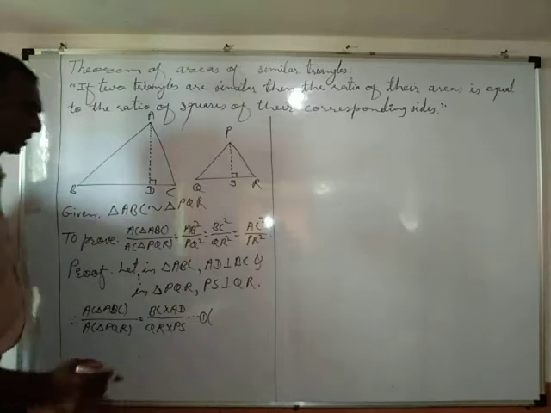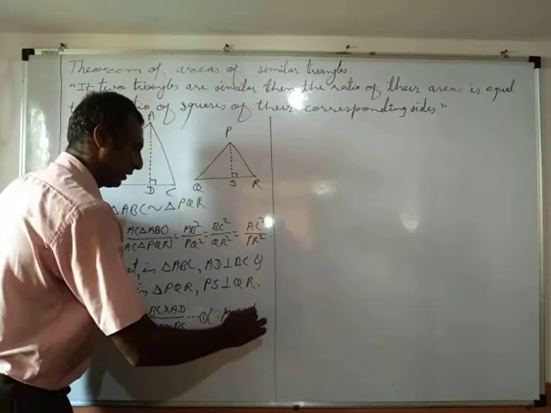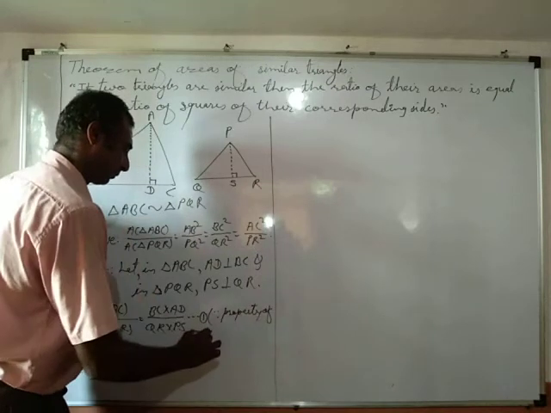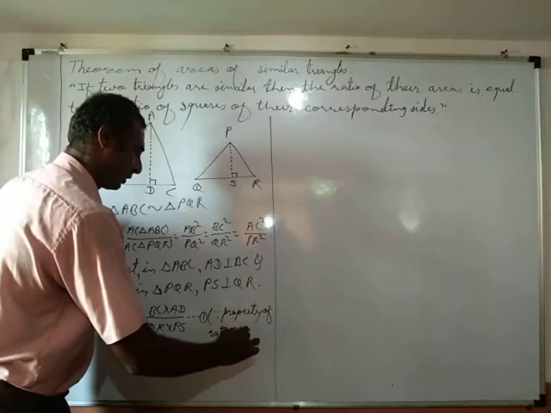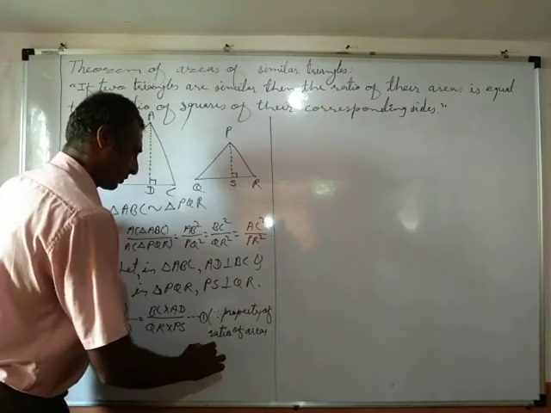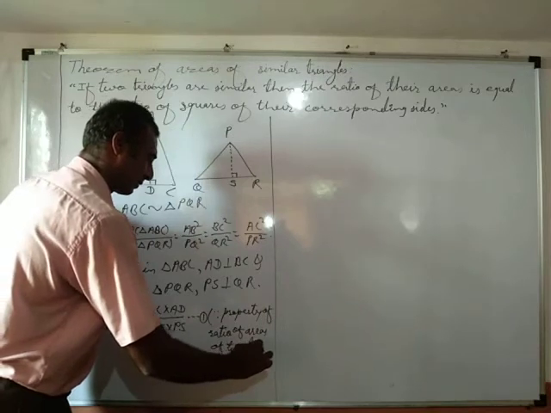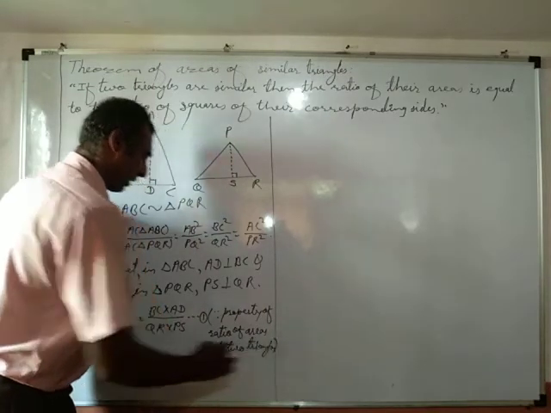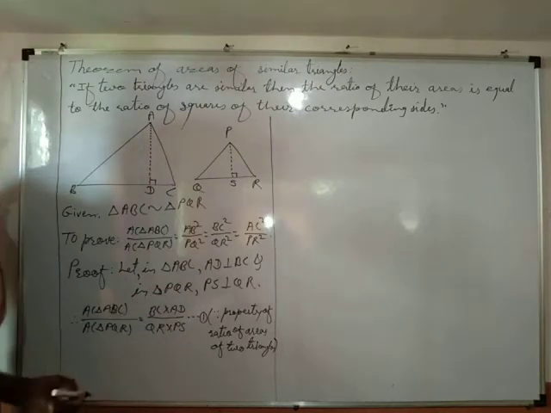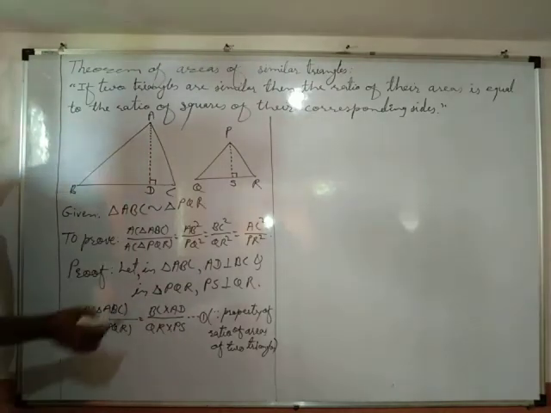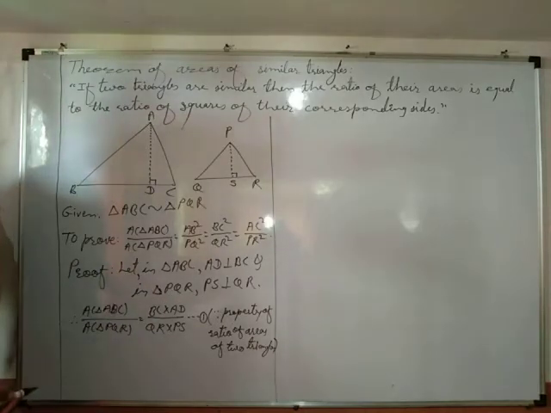Let's call it equation first, since property of ratio of areas of two triangles. Okay. Actually what happened here: half into BC into AD upon half into QR into PS, half gets cancelled, and due to that we got BC into AD upon QR into PS.